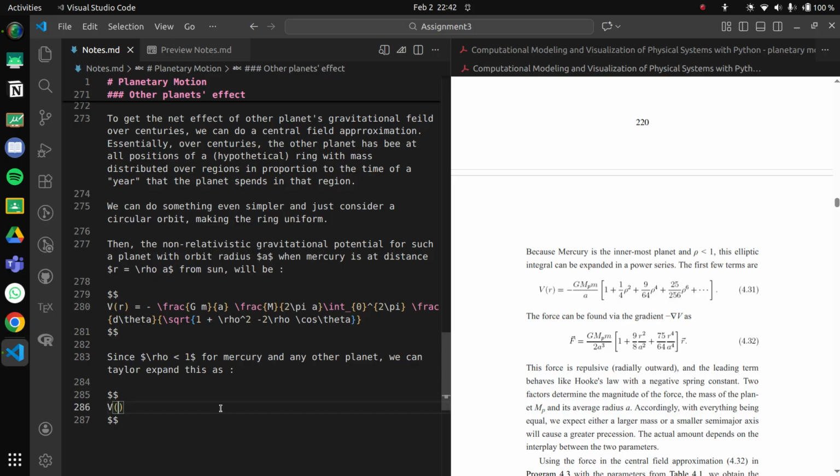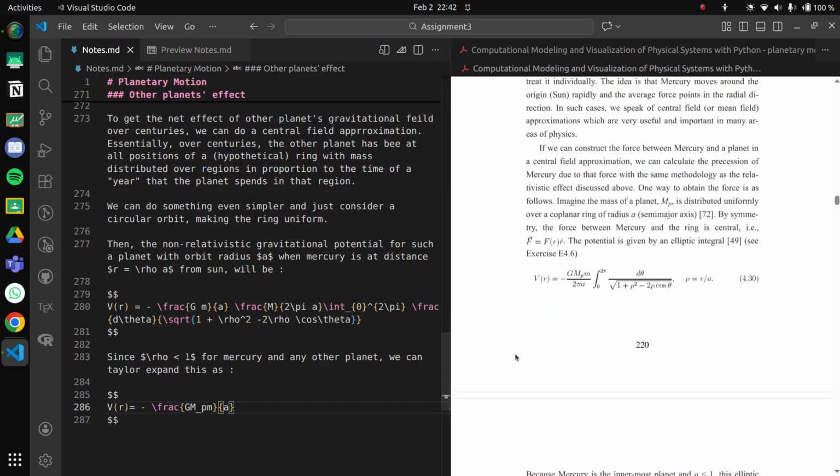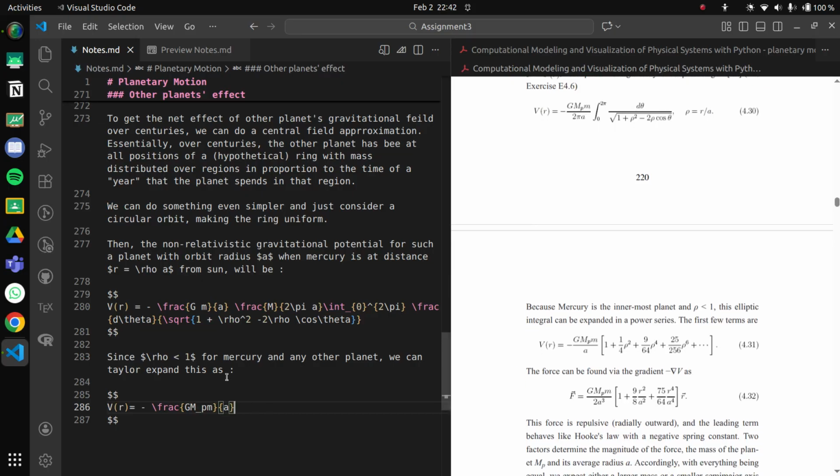So I'm guessing they are going to do just the first 3 terms. The integrand actually.